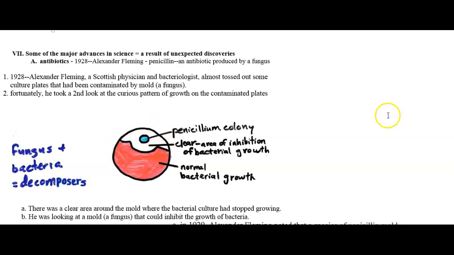And then, alright, fungus came and landed on that agar plate. And then what happened, you notice this, that everything around where that fungus, known as penicillium, everything around that was clear.